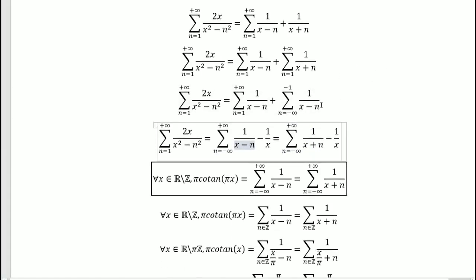So we get the famous Euler decomposition of cotangent, that is pi times cotangent of pi x equals the sum from minus infinity to plus infinity of 1 over x minus n. That also equals the sum from n equals minus infinity to plus infinity of 1 over x plus n.